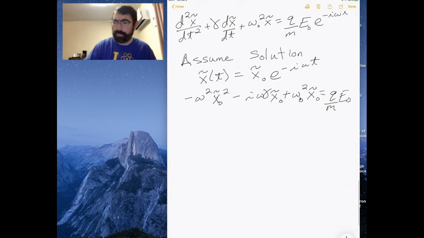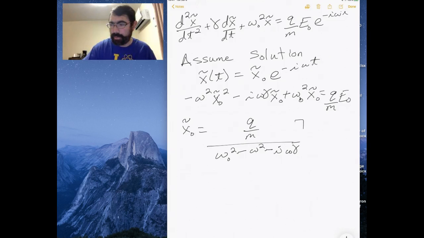So now I can solve for x0 tilde, which is q over m divided by omega naught squared minus omega squared minus i omega gamma, all of that times the amplitude of the electric field.